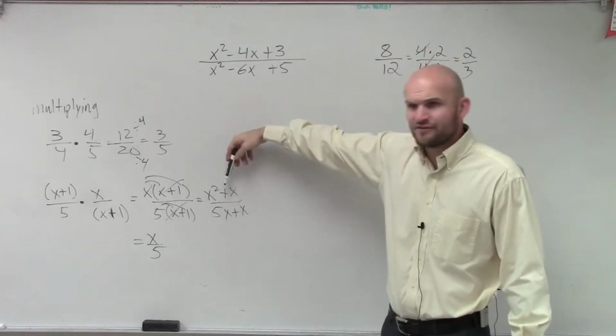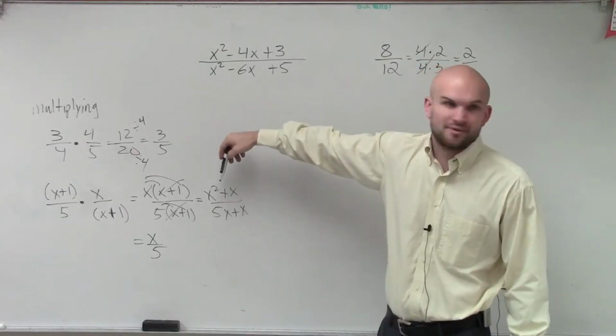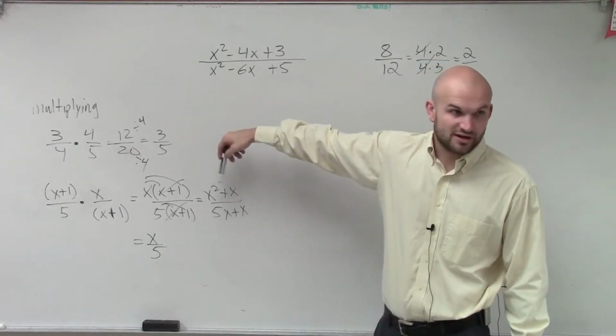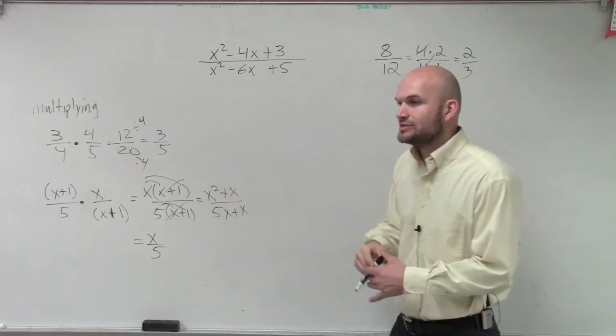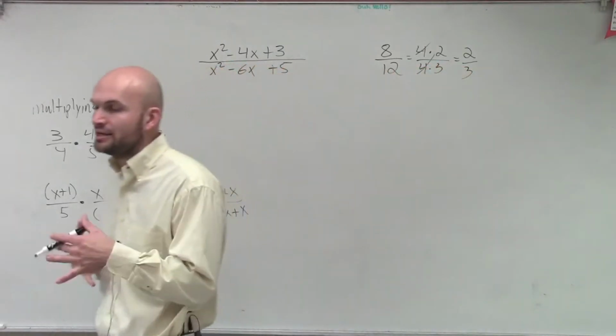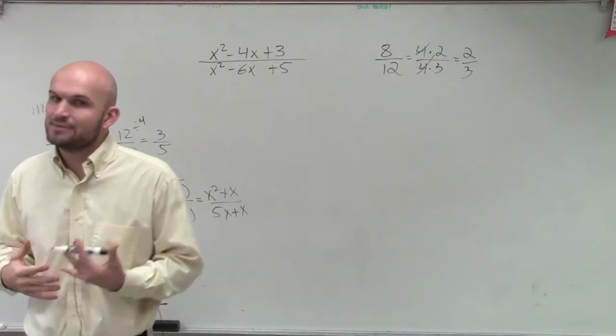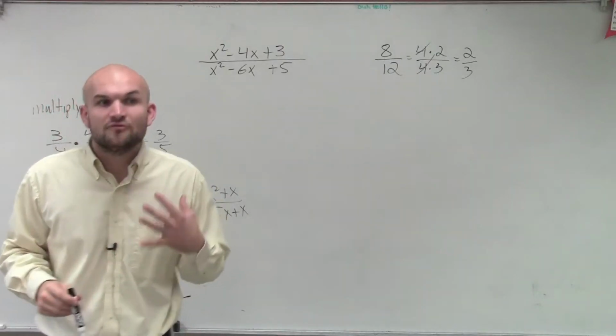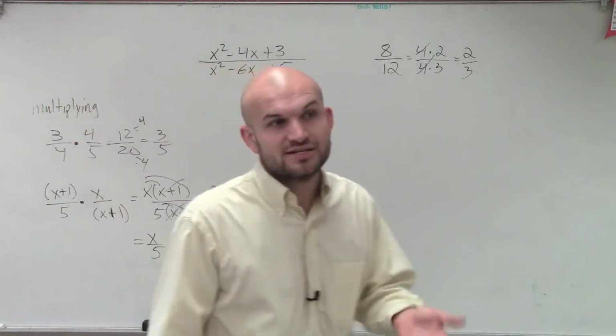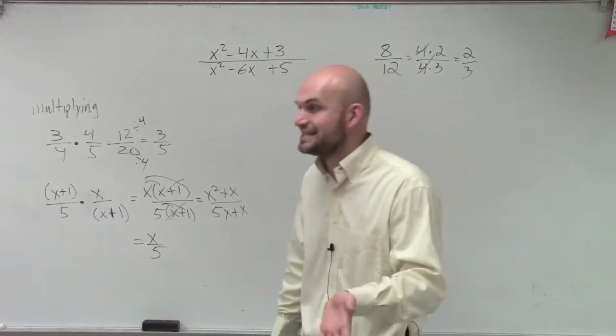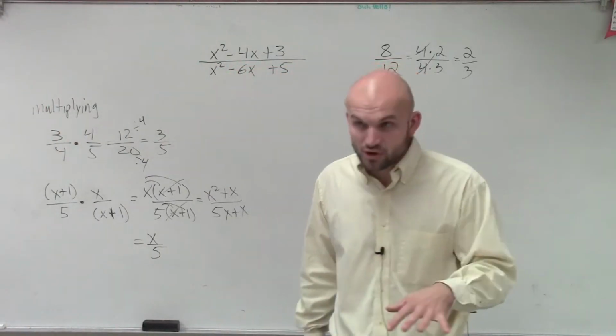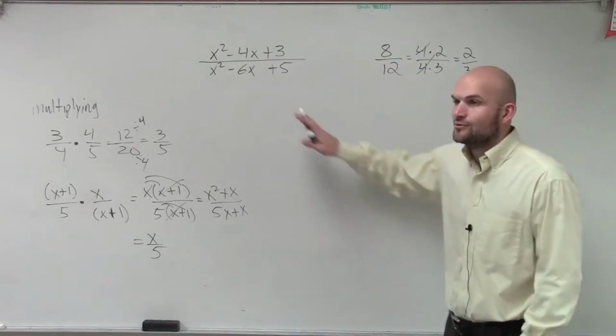Here, it is not very obvious that x plus 1 is a common factor, is it? No. So ladies and gentlemen, when we're multiplying and dividing polynomials, it's very, very important that we factor.